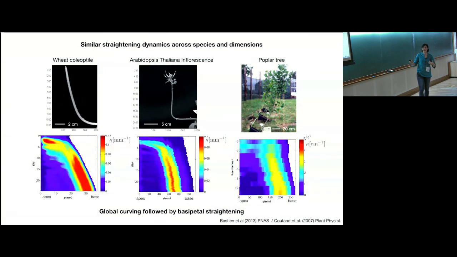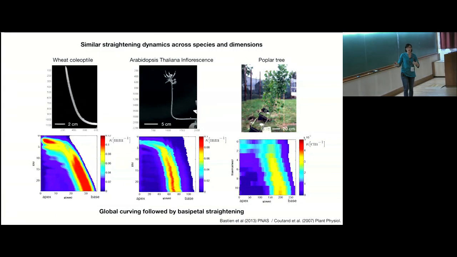It's not exactly the same mechanism as here, which is differential growth. And yet, you still have the same shape, right? You have this general curving at the beginning, and then the curvature is focused, with basipetal straightening. The apex starts to straighten out, and the curvature is focused at the bottom. So this is a very striking universal feature, if you want, of these dynamics.